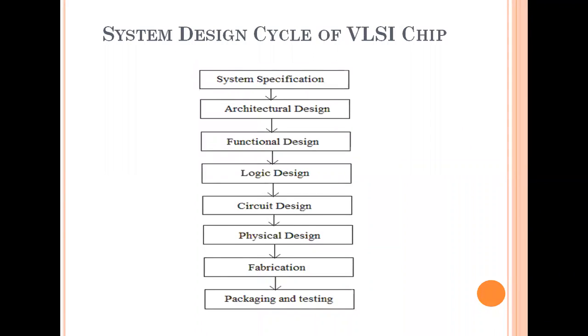This layout data is converted into a photolithographic mask. All these are the fabrication steps, by which you can manufacture a chip once your layout is prepared and verified.